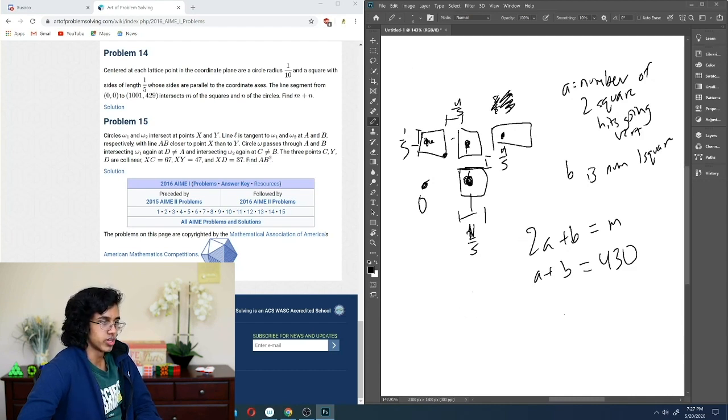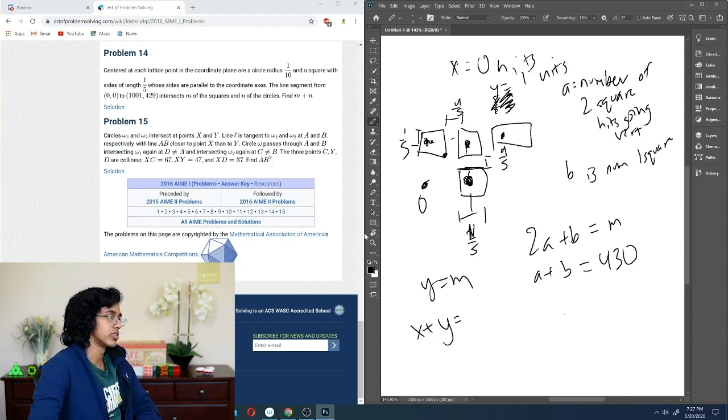So let's say that x is the number of 0 hits and y is the number of 1 hits. Then we know that y is equal to m, and then x plus y is equal to the number of x lines that we had to cross, which is going to be 1002. So basically that means that x is equal to 1002 minus m, but I don't know how helpful that is.